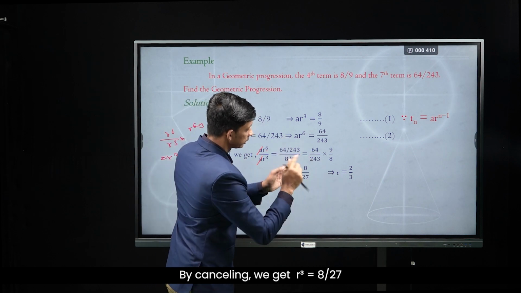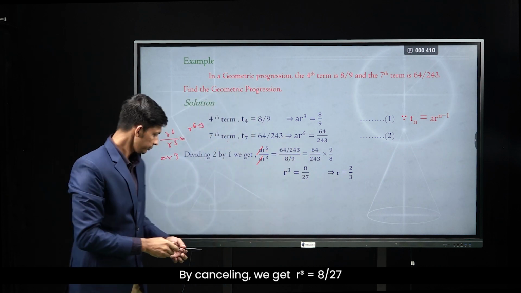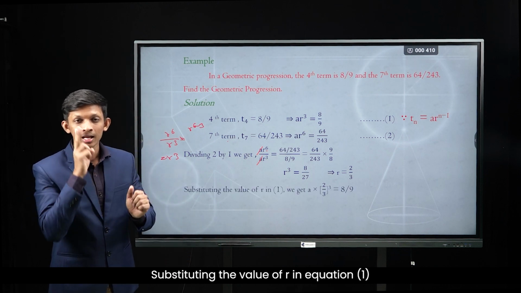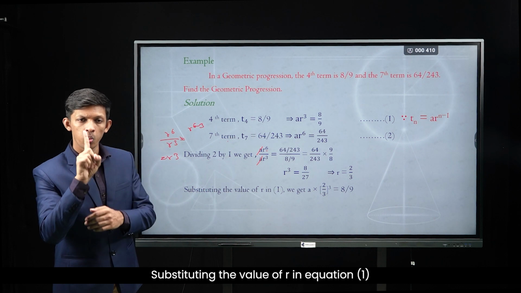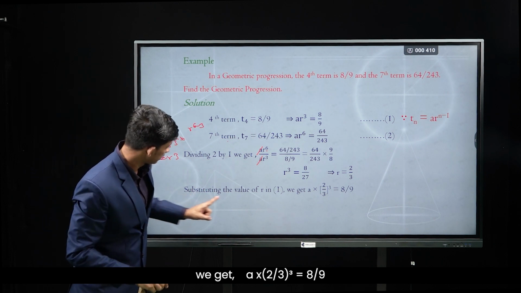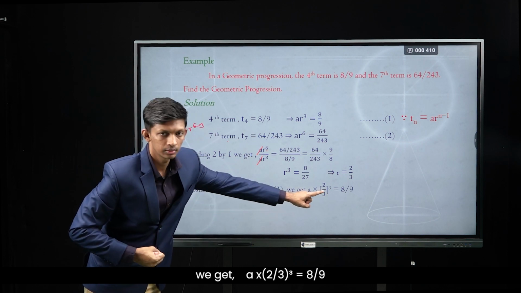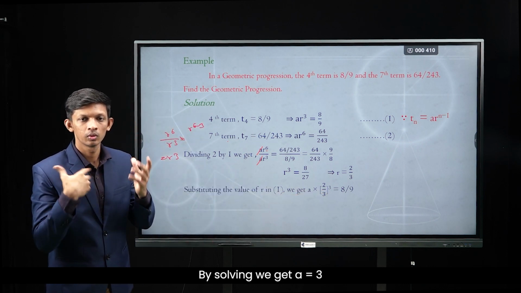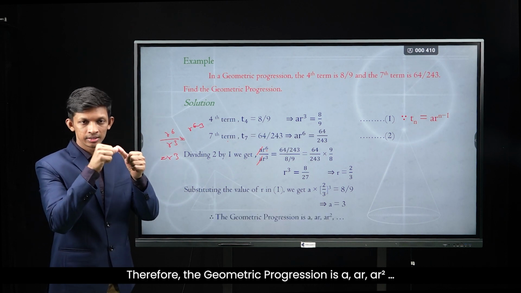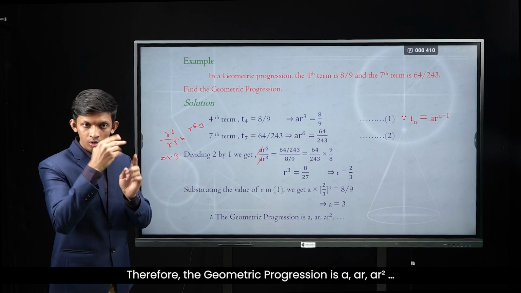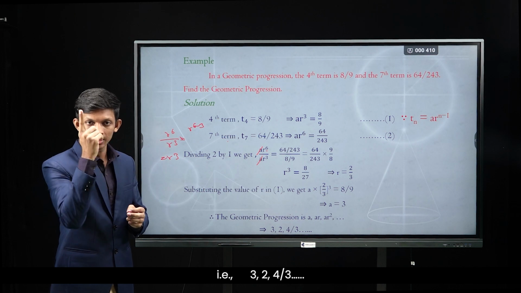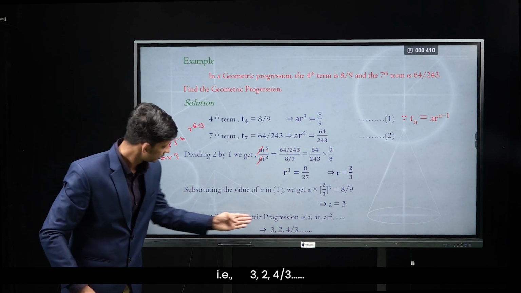By cancelling we get r cube is equal to 8 by 27, that is r is equal to 2 by 3. Substituting the value of r in equation 1, we get a into 2 by 3 whole cube is equal to 8 by 9. By solving, we get a is equal to 3. Therefore, the geometric progression is a, ar, ar square and so on. That is 3, 2, 4 by 3 and so on.